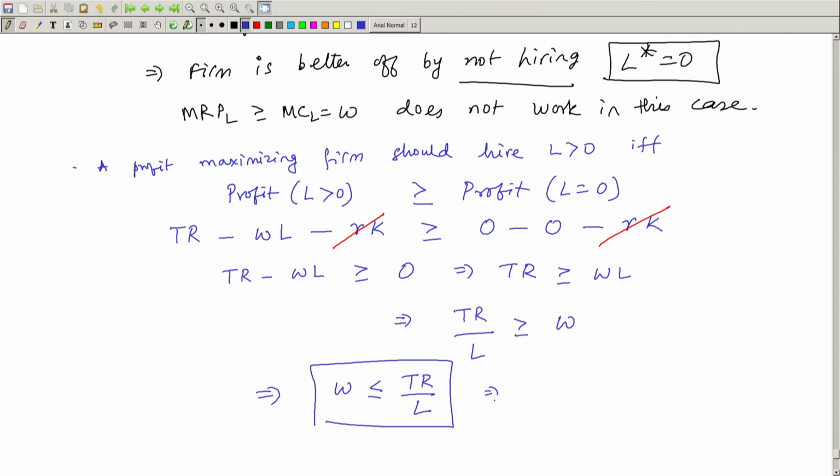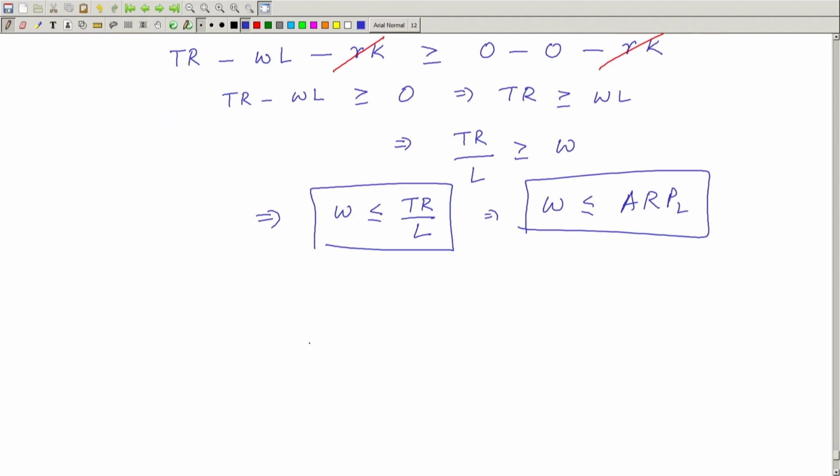So, that essentially means that W is less than or equal to average revenue product of labor, right, where the average revenue product of labor is the total revenue divided by the labor inputs, which is nothing but total revenue divided by L. This is in rupees, this is in labor hours. So, this is also in rupees per labor hour.